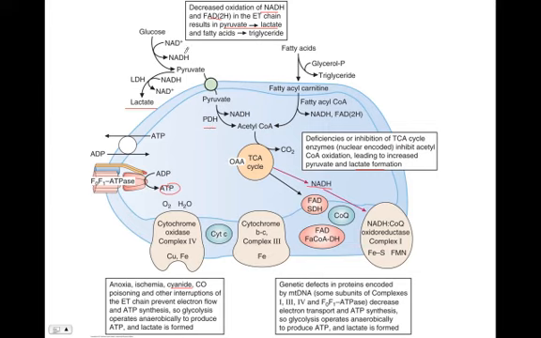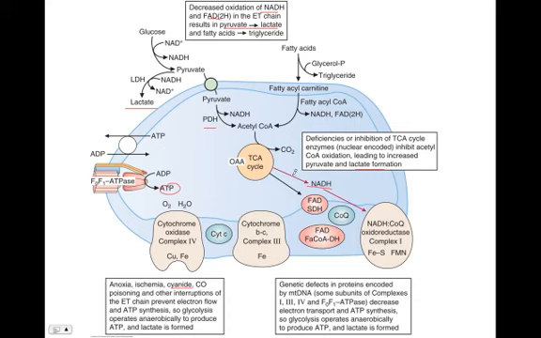So essentially, it's required that these processes work in unison, where glucose can be oxidized to pyruvate, pyruvate to acetyl-CoA, acetyl-CoA through the TCA cycle, and the reducing equivalents to ATP.